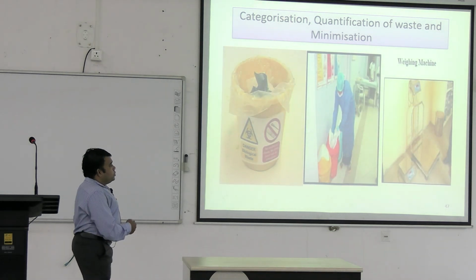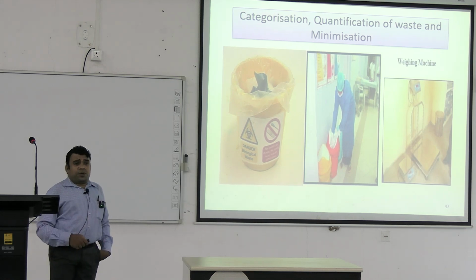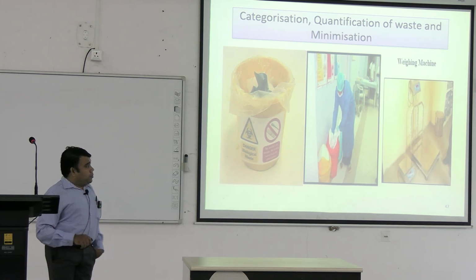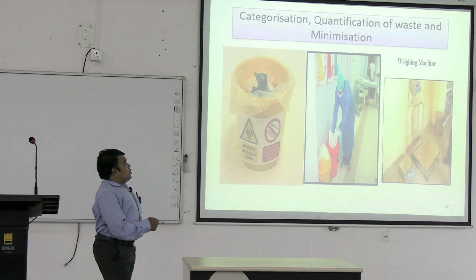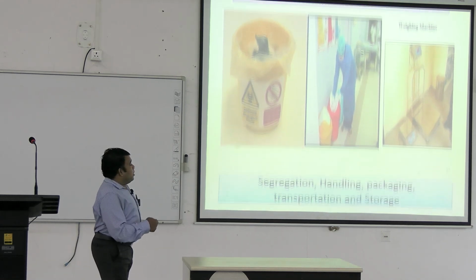So, how should we categorize? We will have this kind of bin with this label. This is the label of biomedical, that is the biohazard label. We need to store the waste according to category and weight.